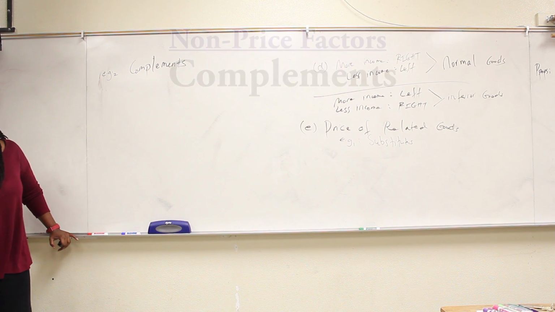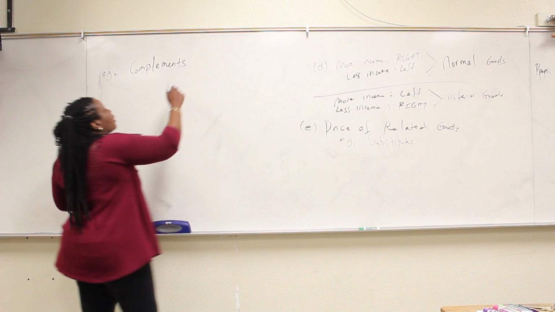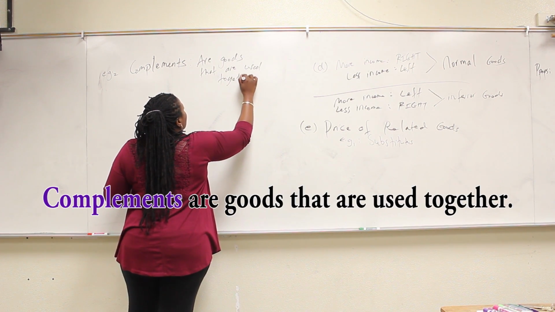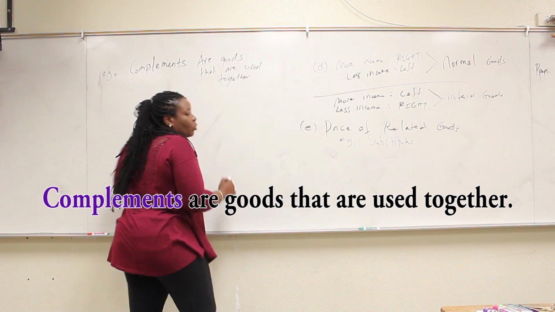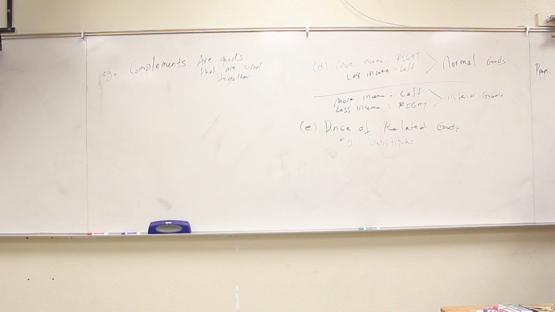Now complements are goods that are used together. You always use them together. That's the idea behind complements. You gotta use them together. That's how they work. Don't use one without the other.